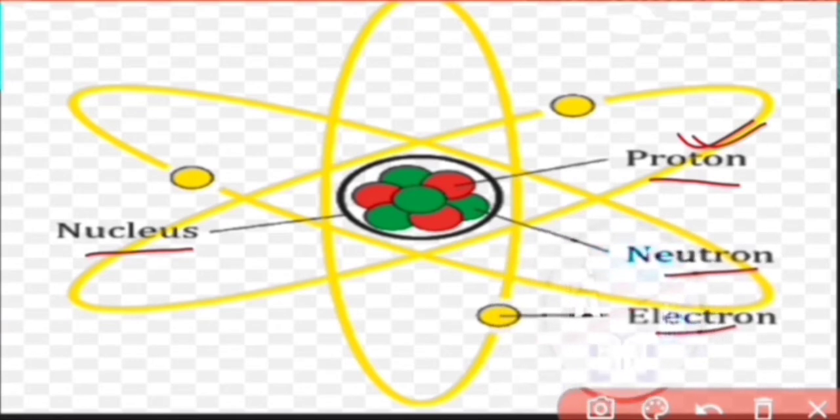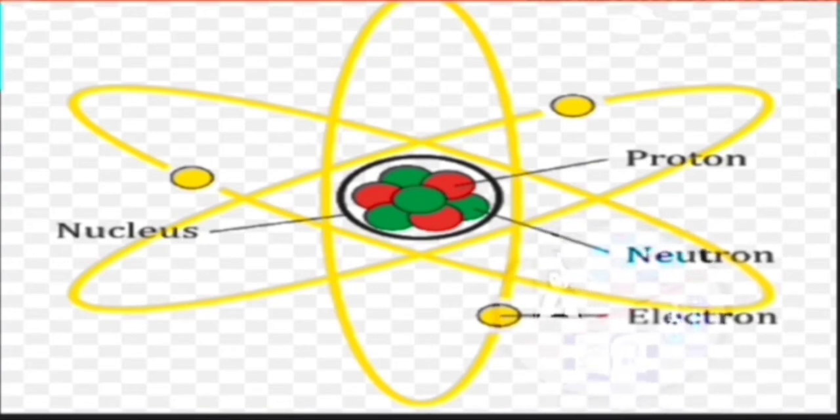Protons, electrons, and neutrons are the fundamental subatomic particles of an atom, as these three particles are present in each and every atom of each and every element. Due to the presence of these positive protons and negative electrons, the atom is electrically neutral.